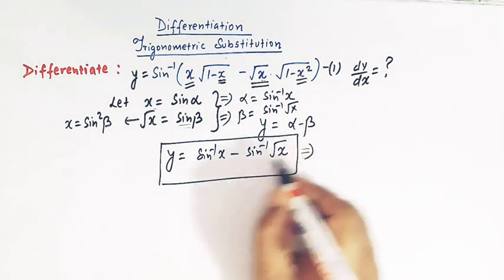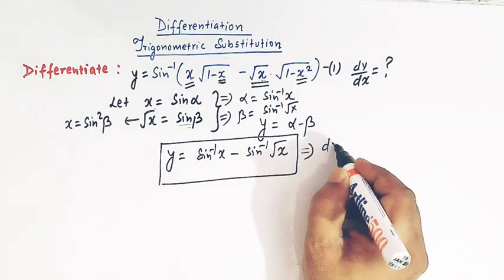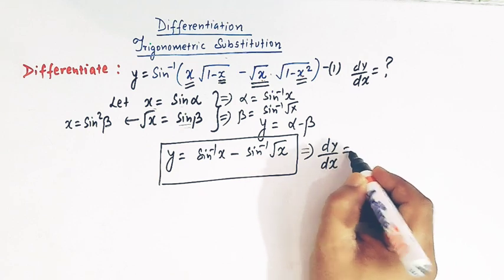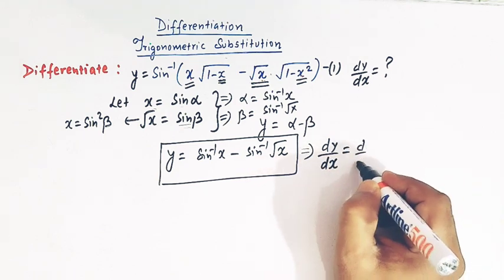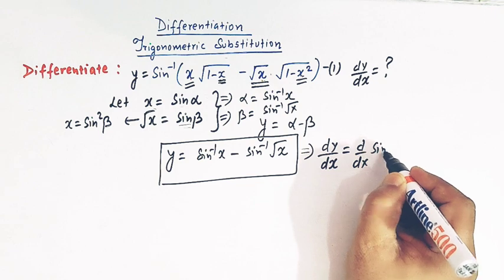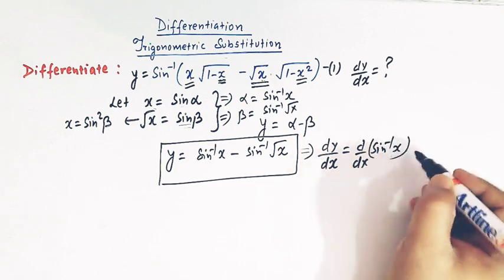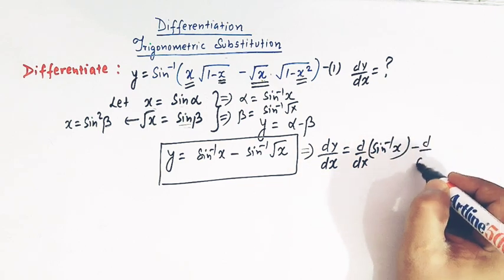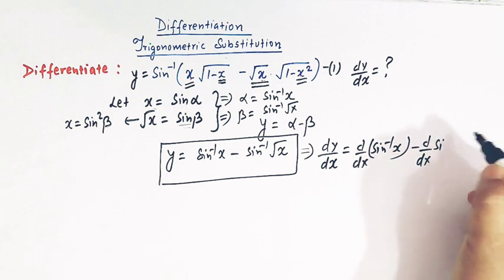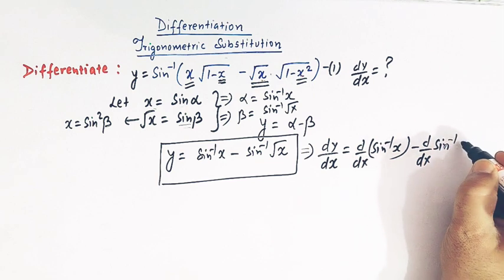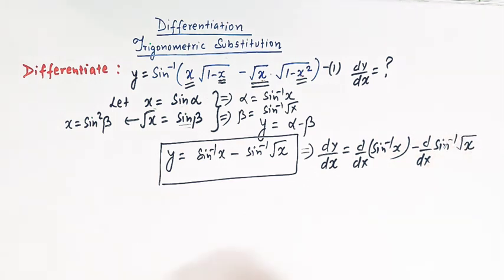So now we can differentiate both sides with respect to x. So dy over dx is equal to d by dx of sine inverse x, and here we have d by dx of sine inverse of square root of x, right?